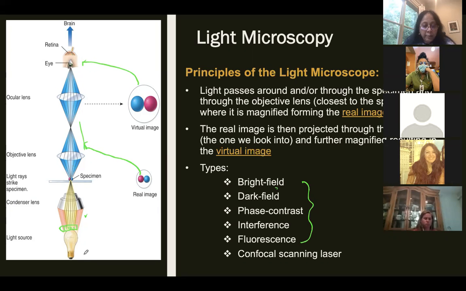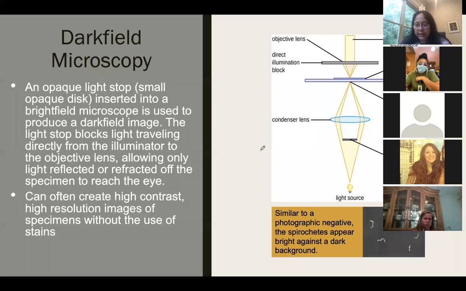Opaque stop means that it blocks the light. We don't allow all the light that is coming from the bulb to go inside the condenser. So that's the reason we have a block over here. We block that area, and that blockage is called the opaque stop.